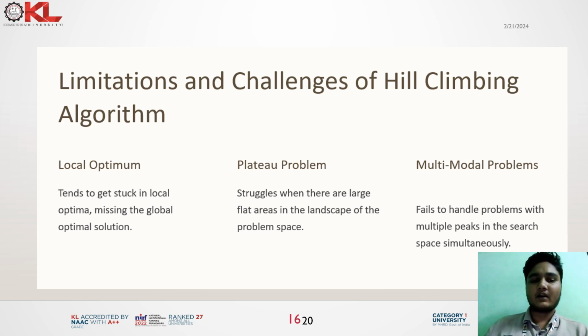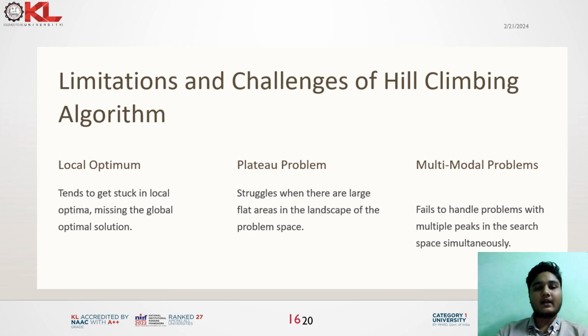The simple hill climbing algorithm evaluates the initial state. If it is the goal state, then it stops and returns success. Otherwise, it makes the initial state the current state. Loop until the solution state is found or there are no new operators present which can be applied to the current state. Select an operator that has not been applied to the current state and apply it to produce a new state.